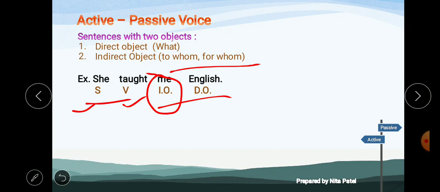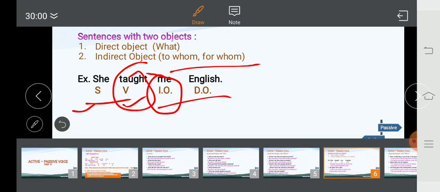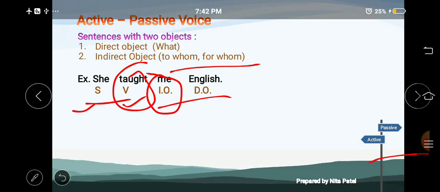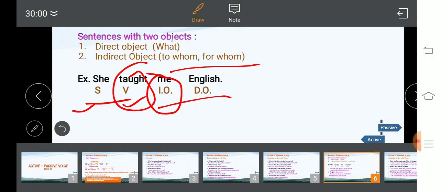Look at this. She taught. Okay, action is here taught, teach, right? So now look at this. Teach, sorry.